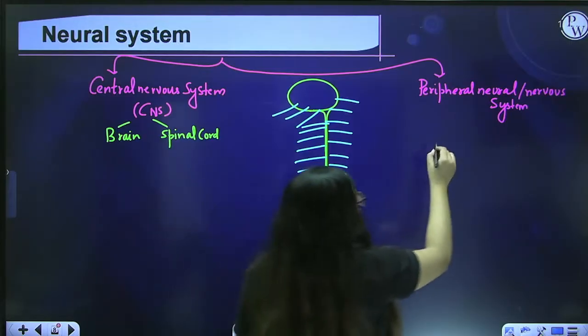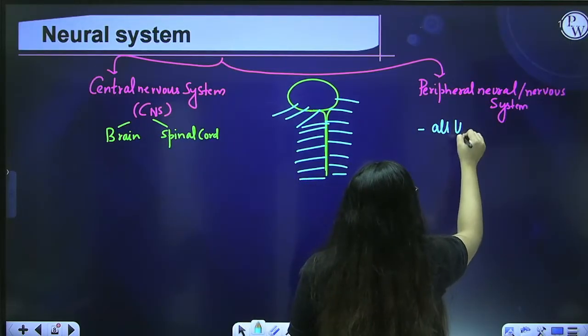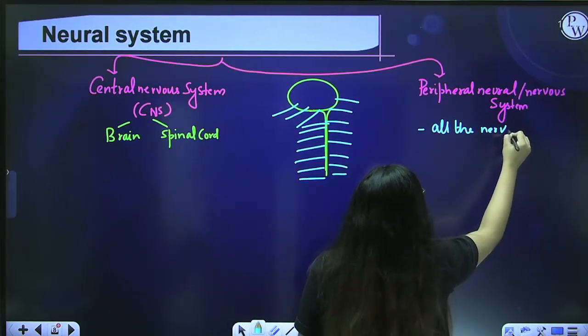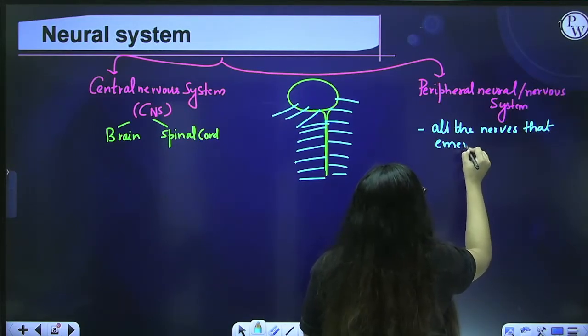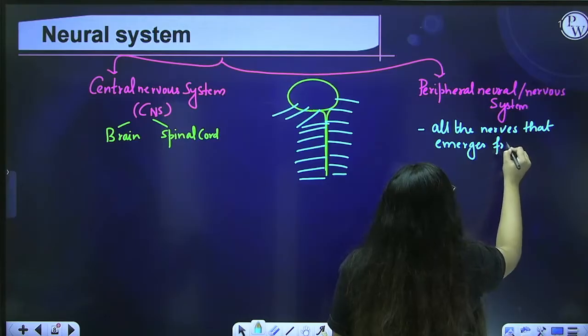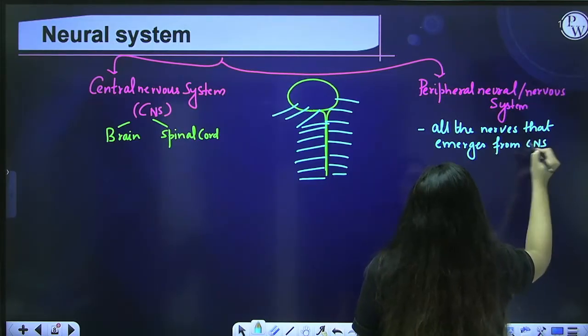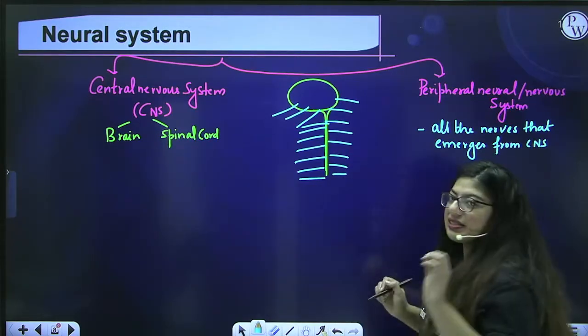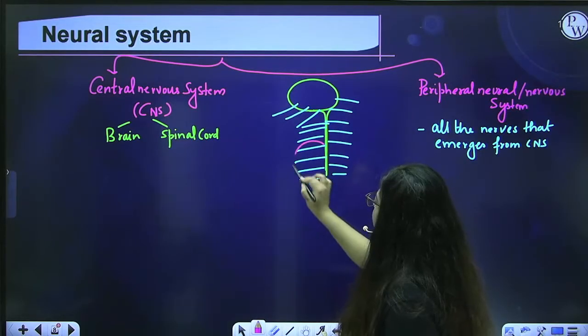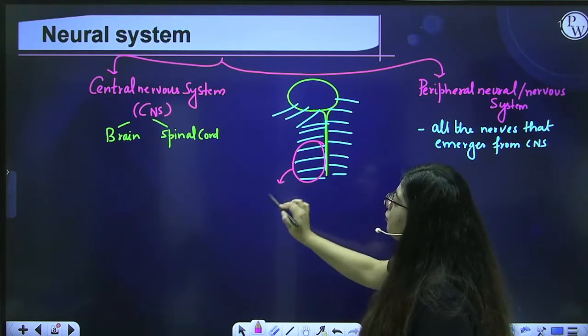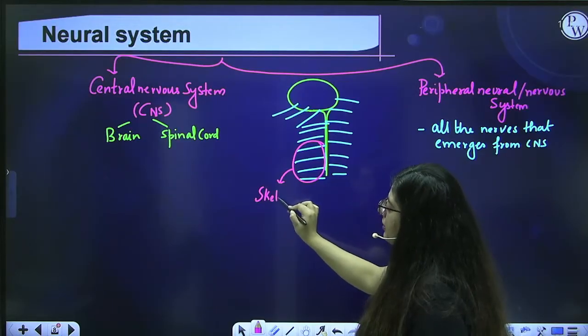So what is peripheral nervous system? All the nerves that emerge from CNS, that forms your PNS. Now, out of these nerves, there will be some nerves that are sending information to your skeletal muscle.